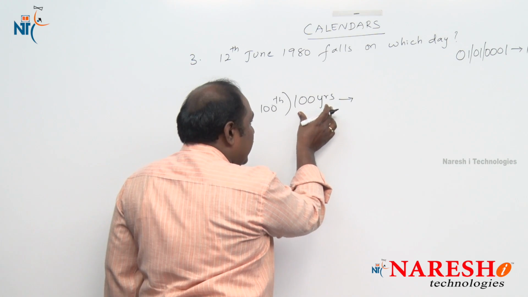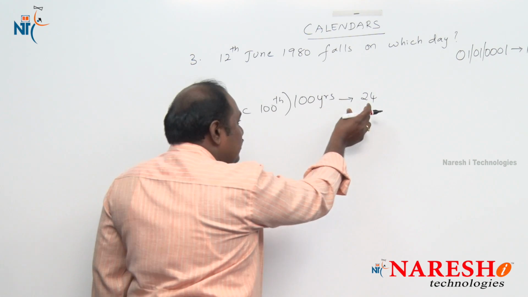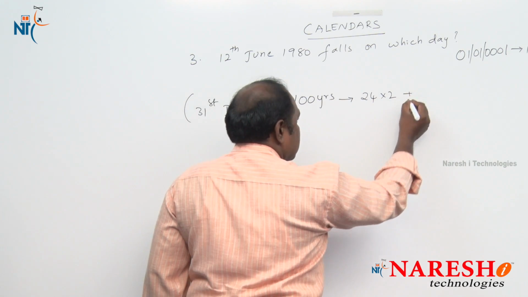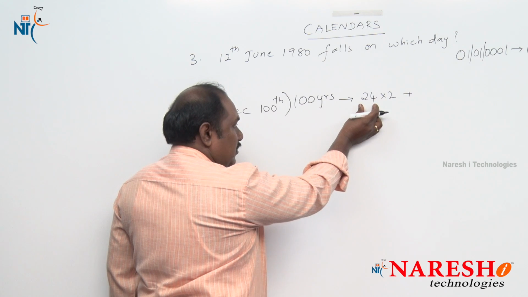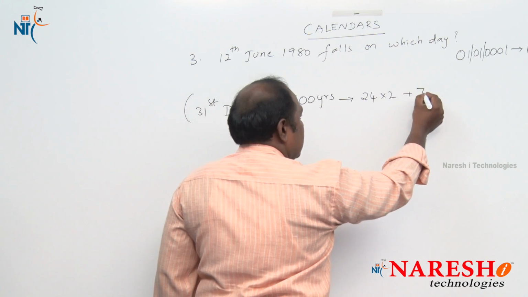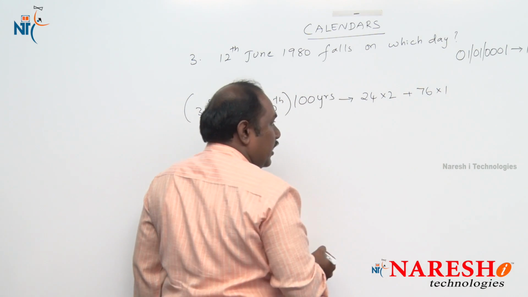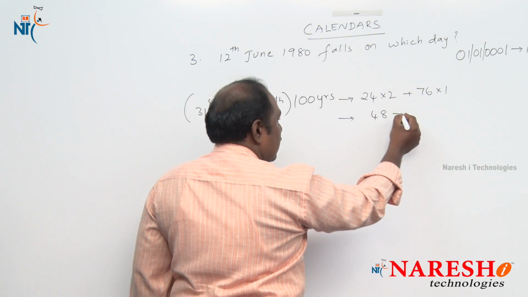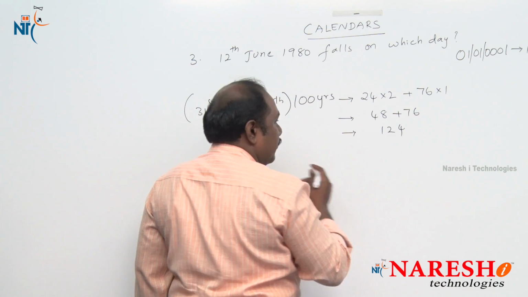So in the first 100 years, we have 24 leap years, and each leap year has 2 odd days. Plus, out of these 100 years, if 24 are leap years, all the other years are non-leap years, which are 76, and each non-leap year has 1 odd day. Now if I calculate this, it is 48 plus 76, which is 124.